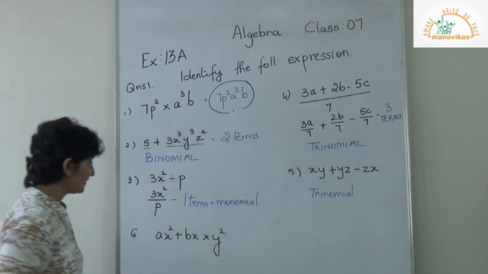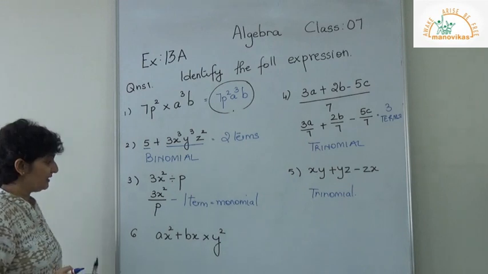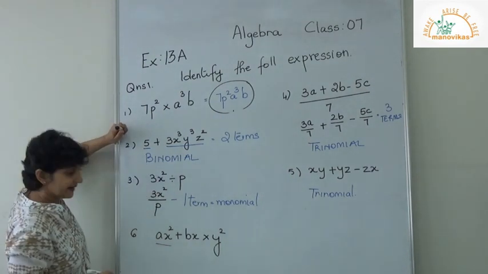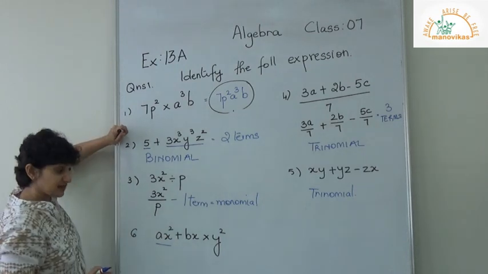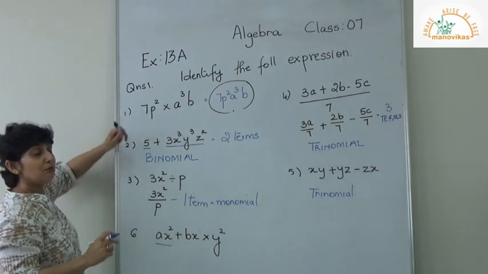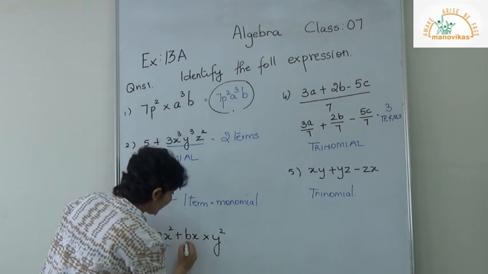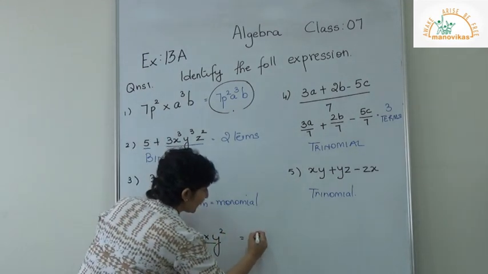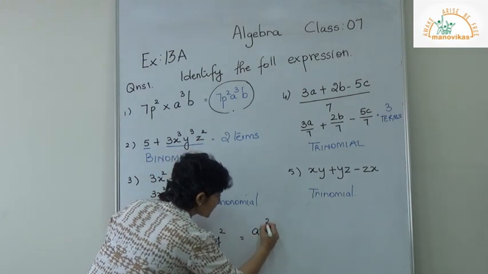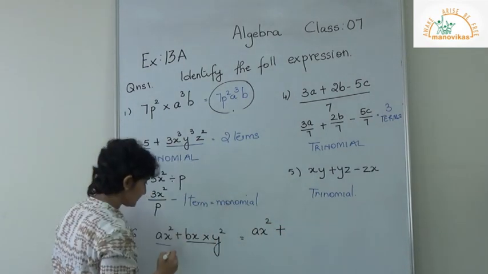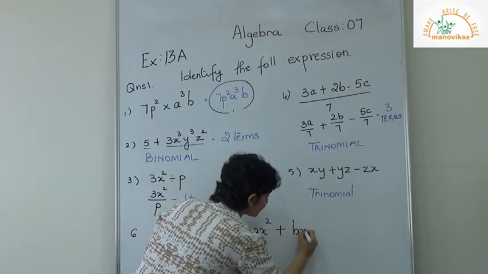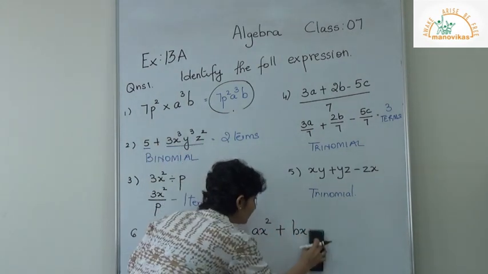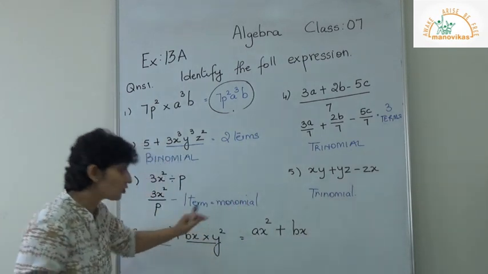And the last one again. Now children, be careful. I have ax squared, correct? It is separated with a plus and I have a multiply. Now, if I solve this, what do I get? I get it as ax squared plus bx into y squared.